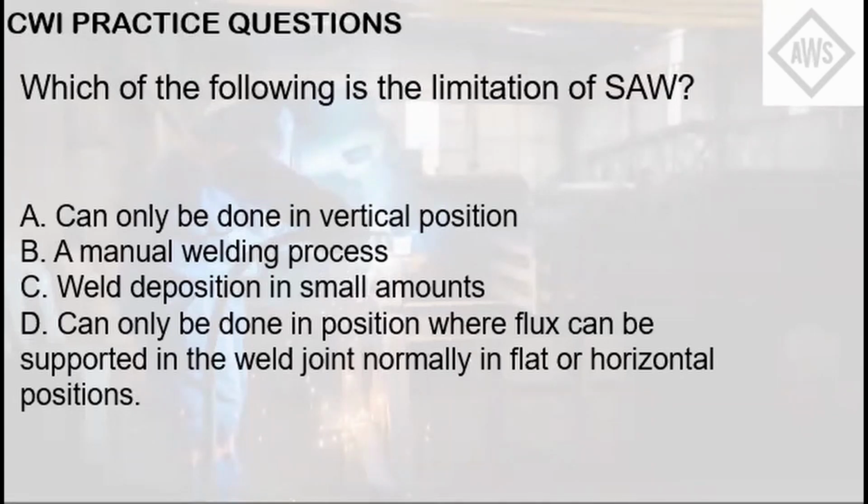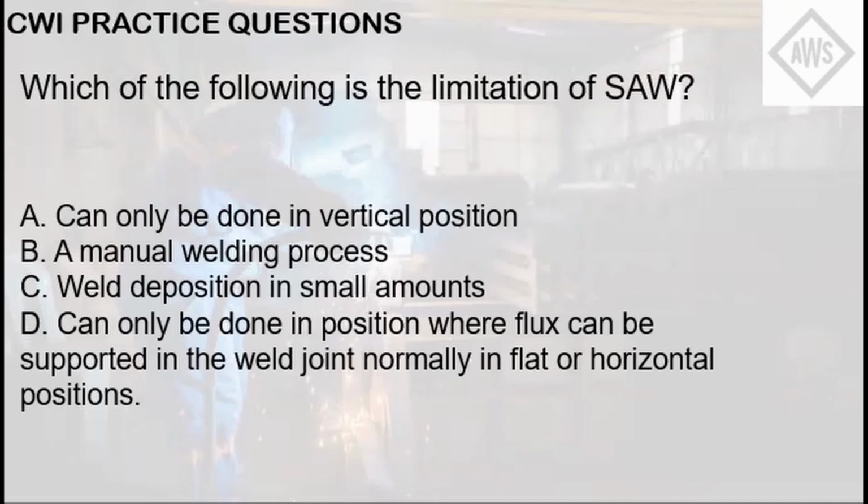Letter C, weld deposition in small amounts. Because submerged arc welding can be an automatic process, with continuous wire feeding and a big machine, it is known for depositing large amounts of weld metal in the base metal.